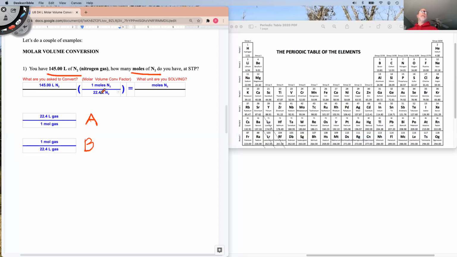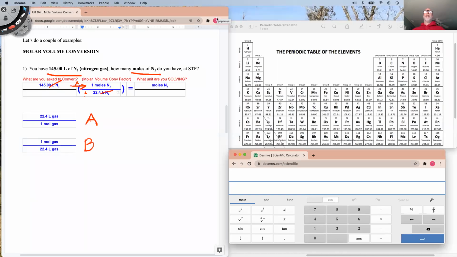Because the liters of nitrogen cancels with liters of nitrogen, we just have to solve mathematically. Again, some of you were struggling on solving. Remember, as we go across, we multiply, and the numbers on the bottom, we divide. So to work this out, this is going to be 145 times 1 divided by 22.4 equals our answer.